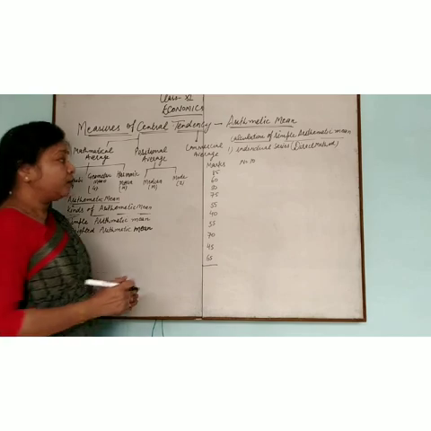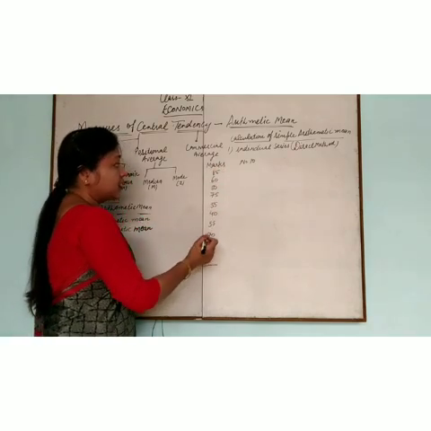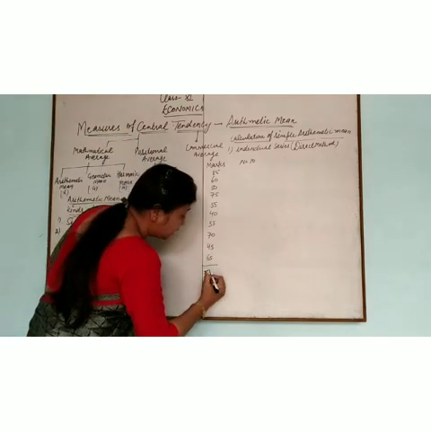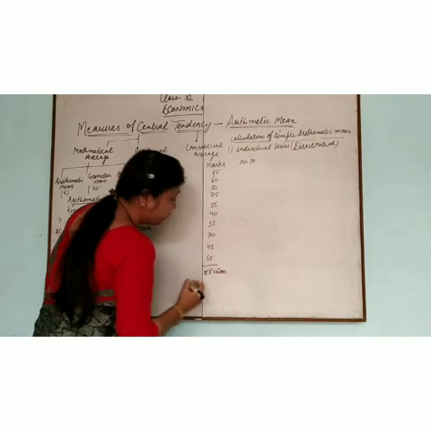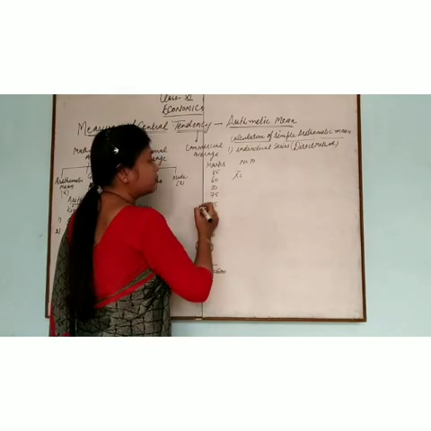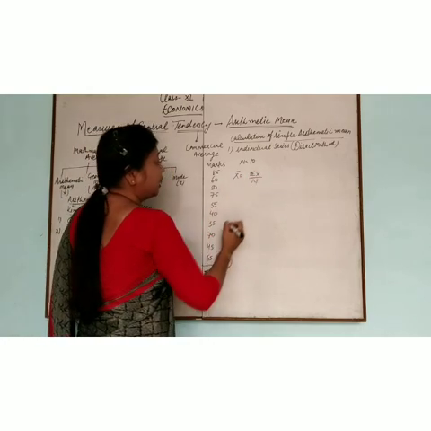First of all, we will do the sum of all the numbers. The sum of all the numbers, that is summation x, is 600. Then we denote the arithmetic mean with x bar. X bar is equal to summation of x upon n.